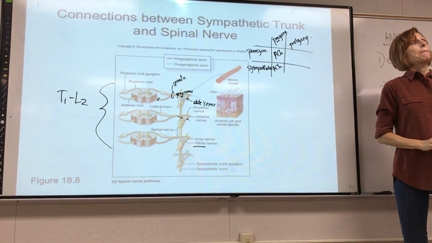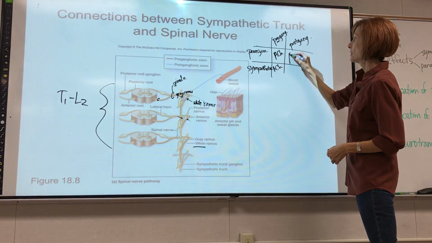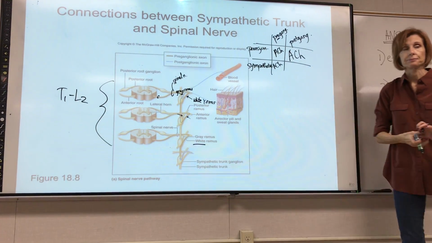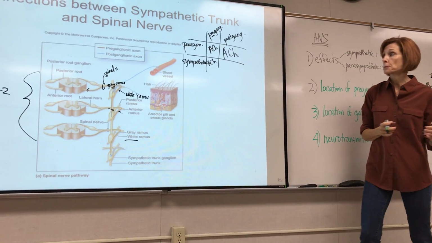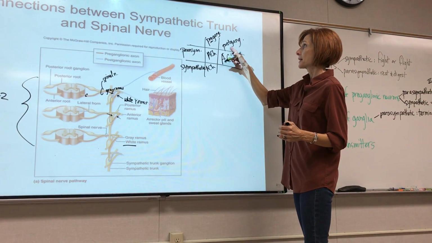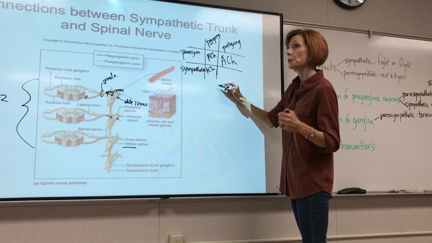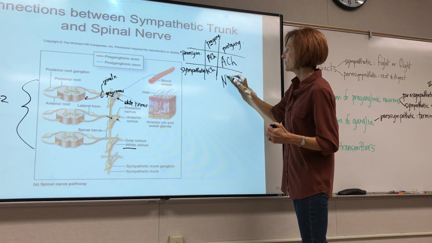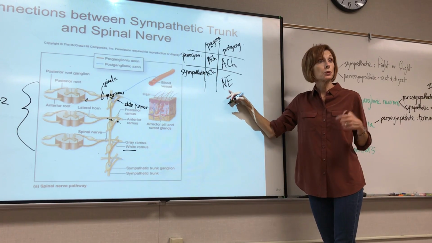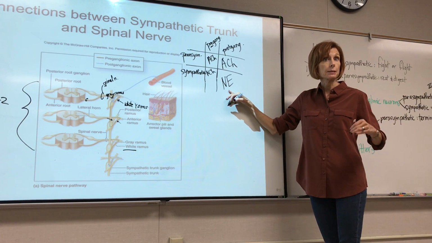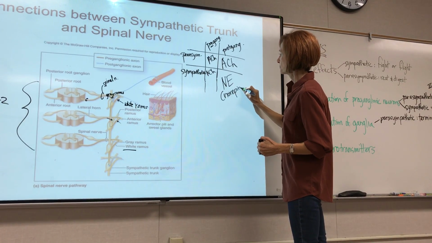Okay, the postganglionic parasympathetic also secrete acetylcholine. So the only neurons that secrete a different neurotransmitter would be the postganglionic sympathetic. They secrete a neurotransmitter called norepinephrine, abbreviated NE. This is actually similar to adrenaline. Chemically, it's very similar to adrenaline. Okay, so norepinephrine.